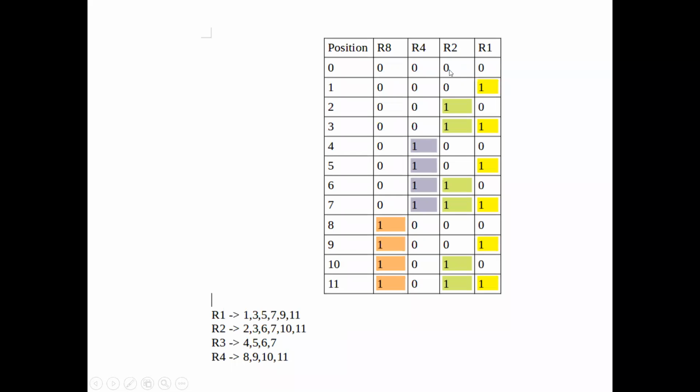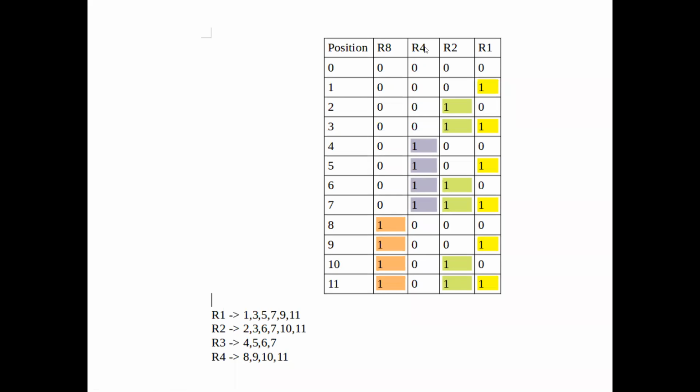To find R2, we take positions whose binary representation has 1 in the second position from LSB: position 2, 3, 6, 7, 10 and 11. So the R2 bit is calculated using parity check at all bit positions whose binary representation includes 1 in the second position from the least significant bit.